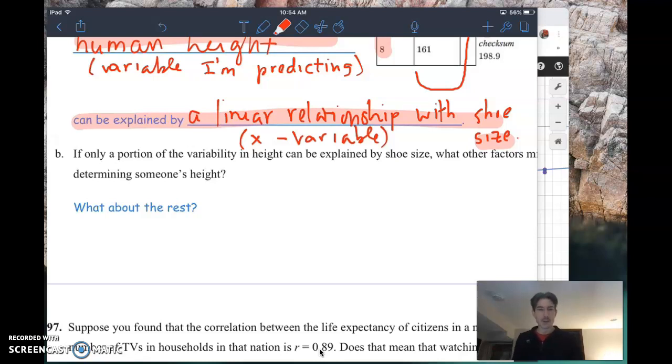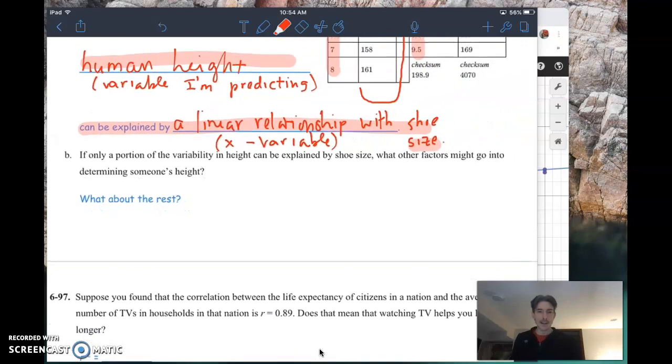And that's the question I lead you with here in B. It says, if only a portion of the variability in height can be explained by shoe size, what other factors might go into determining someone's height? Well, check this out. 74% is explained. That means we still have 26% unaccounted for. And the other 26% variability might be due to things like genetics, maybe diet, maybe disease, maybe broken legs, maybe steroids, right?